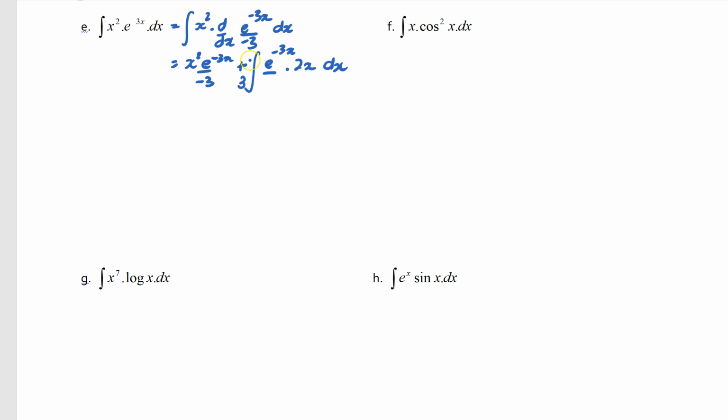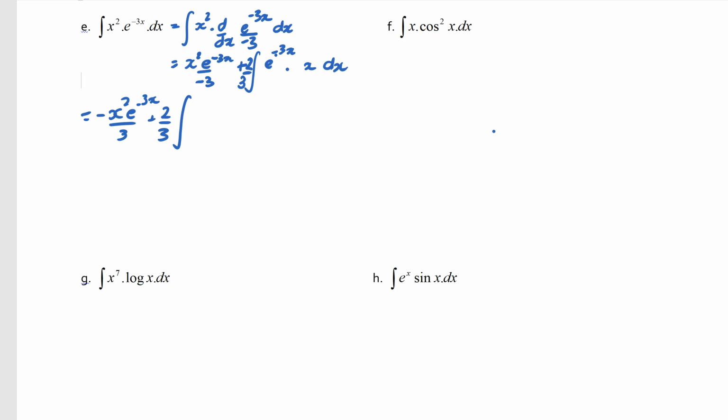And take the 2 out the front, so I've got plus 2/3 out there. So if I then shuffle across here a little bit, we've got minus x squared e to the minus 3x on 3 plus 2/3 of this integral now, x times e to the minus 3x.